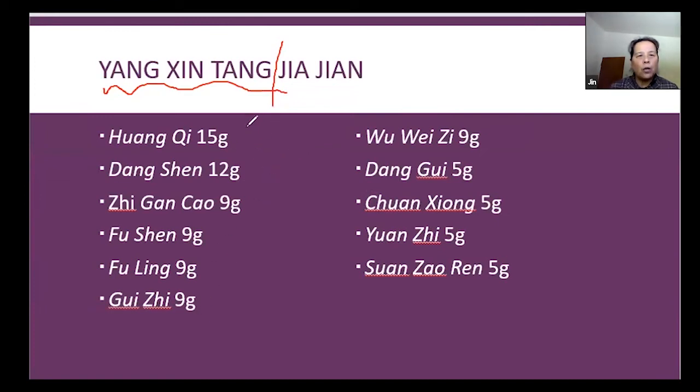Together, mainly the herbs for tonifying qi. Gui zhi warms the chest. And then other herbs we modify: Wu wei zi can calm the heart shen and is also astringent, stopping sweating. Dang gui moves blood, chuan xiong moves blood. Yuan zhi calms shen, suan zao ren calms shen. So that's what we put together.